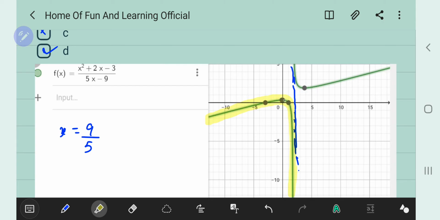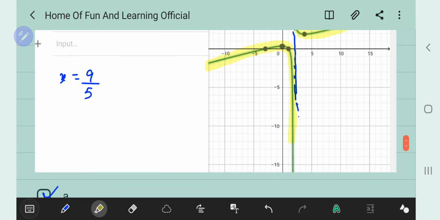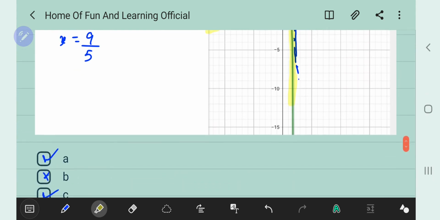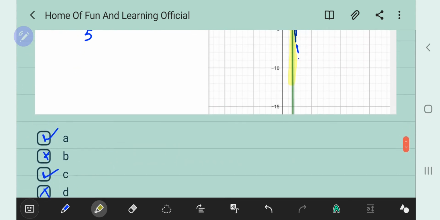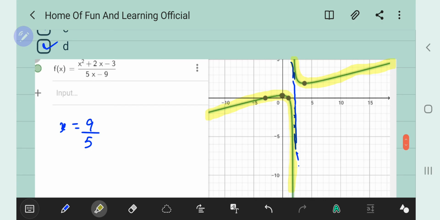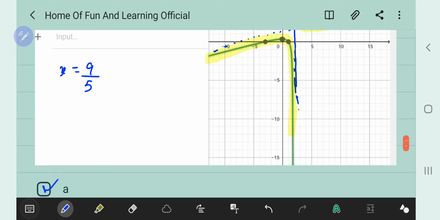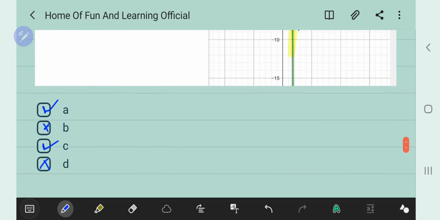You have to lift your pencil up, then trace this second portion of the graph, or vice versa. So this rule is not followed. And just for your information, it also has an oblique asymptote, and we will come to that later when we learn about rational functions and sketching of rational functions. Now let's do some self practice.